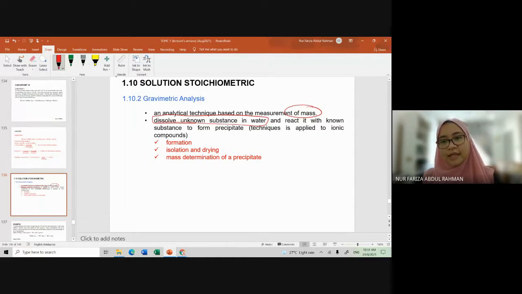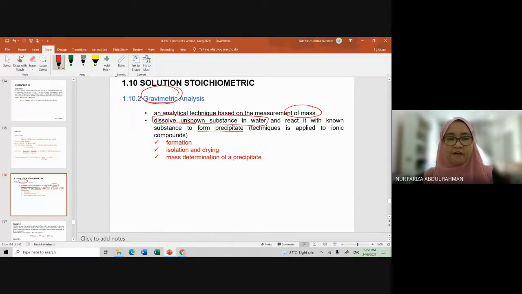And we react it with a known substance to form a precipitate. This type of reaction is known as gravimetric, based on the mass. We have an unknown substance, we react it with a known substance, and this reaction produces a precipitate.